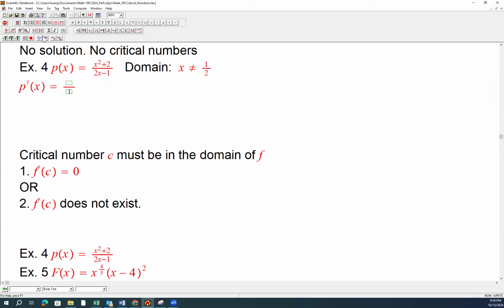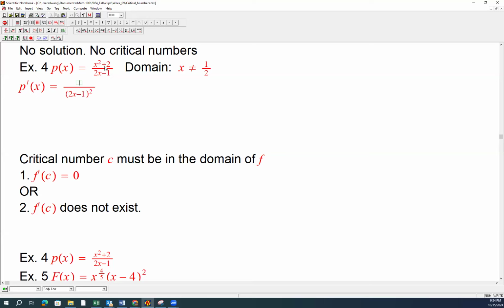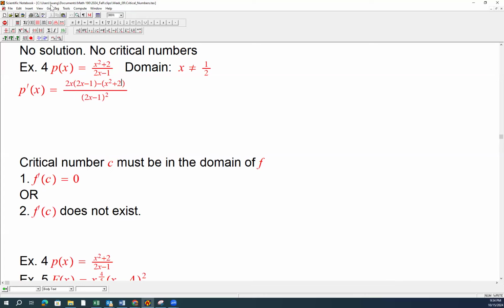If you call it g, no problem. That's your g. And you differentiate the top, we get 2x multiplied by 2x minus 1, subtracting x squared plus 2, and differentiate 2x minus 1, so we get another 2.